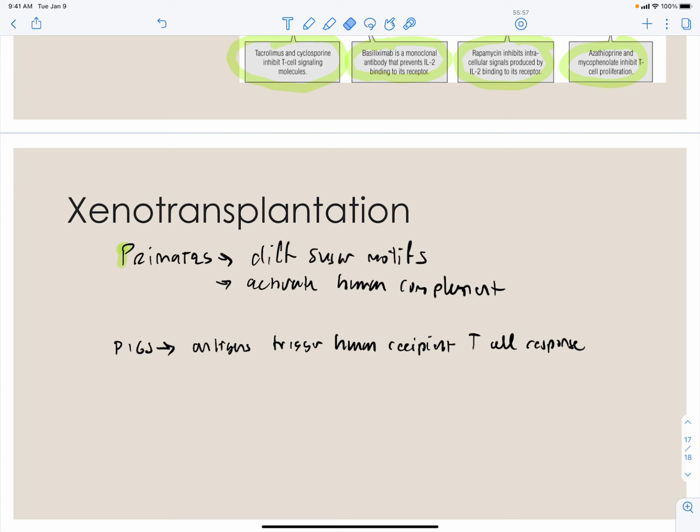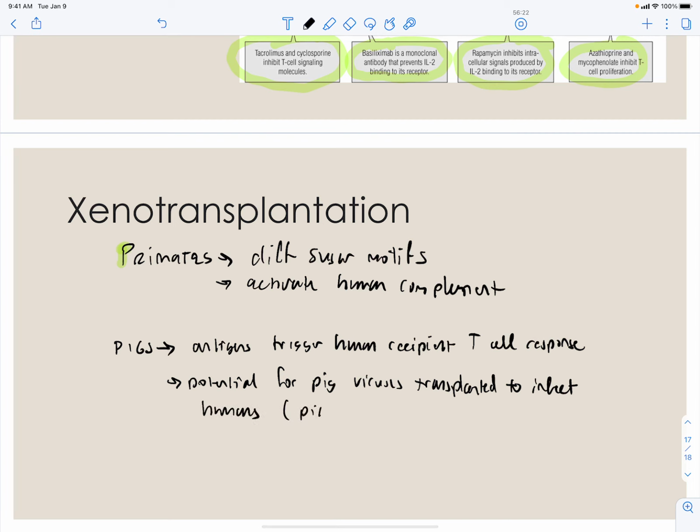And transplanted pig viruses are more likely to infect recipients, especially those on immunosuppressive drugs. So, I should say endogenous.